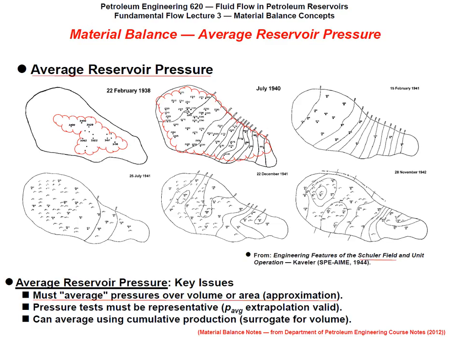That's impossible. Go ahead. Sorry? We'll use the production cumulatives, but that's correct. We'll assume it's pseudo-steady state, which we haven't talked about yet, but we'll assume that we can average the pressures based on cumulative productions. Thank you. So you'll take the cumulative production at a well, multiply it by its pressure, divided by the total cumulative production, add those up, and that would give you the average reservoir pressure.